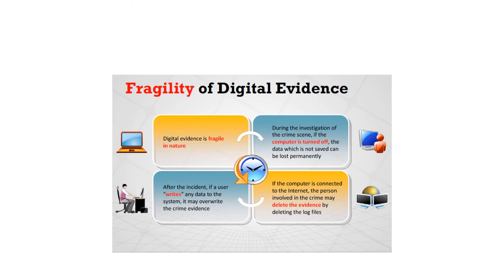So we're basically saying digital evidence is fragile in the sense that if the computer is turned off, then some of the data might be lost. Also, if the machine is connected remotely or to the internet, the attacker or perpetrator of the incident might delete the evidence by deleting the log files.